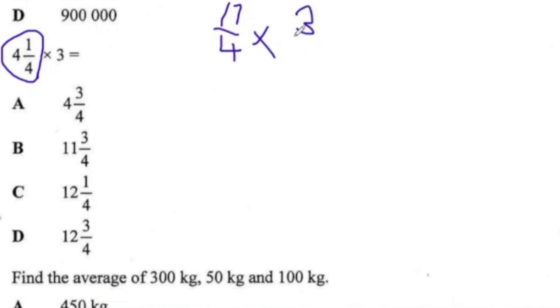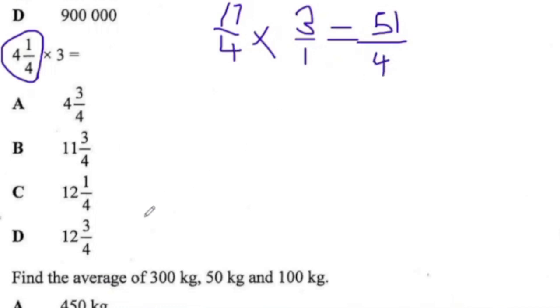This 3 is a whole number, but you can change it into a fraction so that it makes your job easier. So we can multiply: 17 times 3 will give us 51. It's 51 over 4 times 1, which gives us 4.